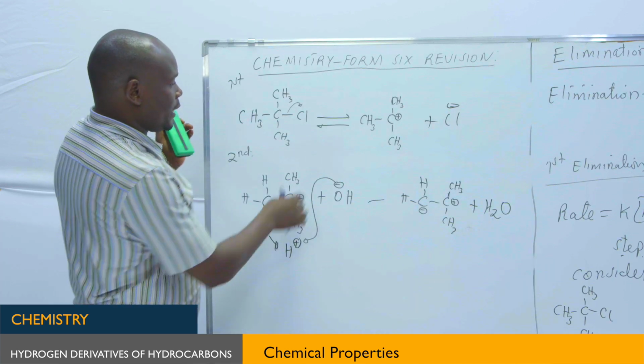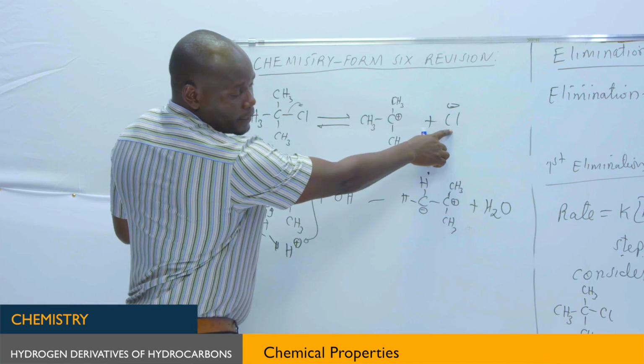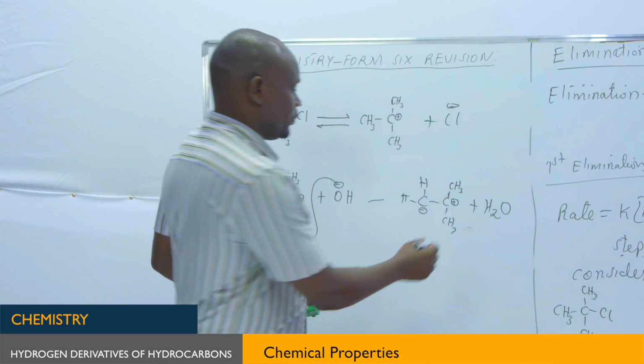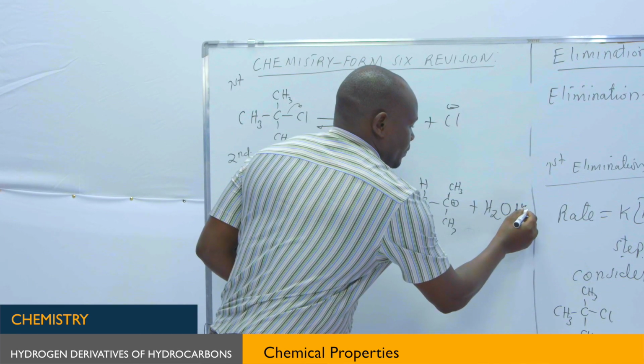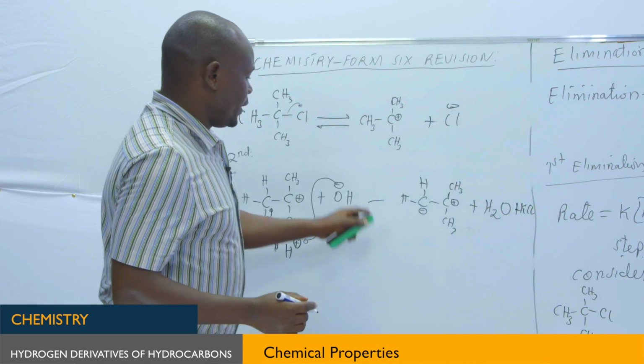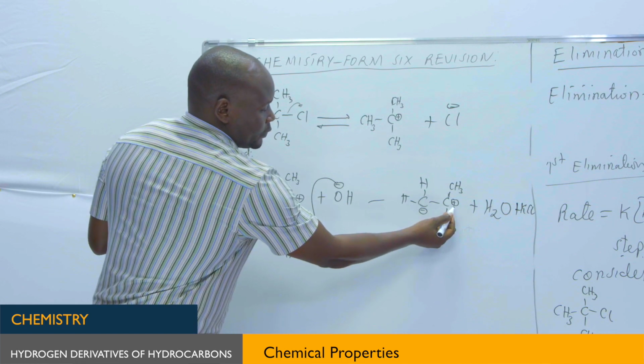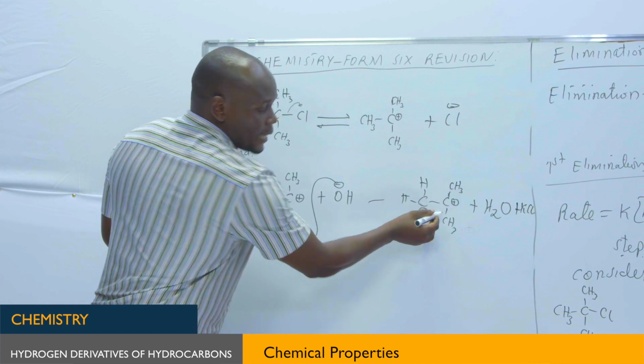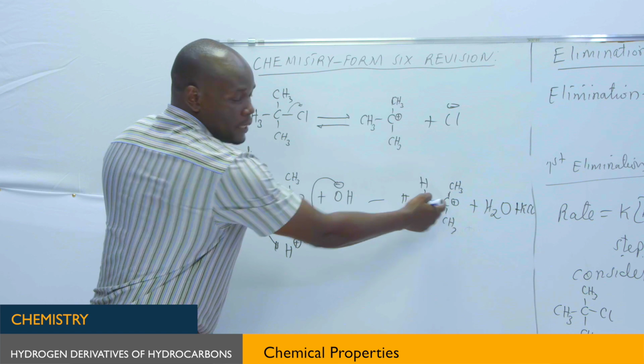The halogen that has been released will combine with the metal, potassium, to form another product, which is potassium chloride. Then the positive charge and negative charge combine together and form the double bond between the carbons.